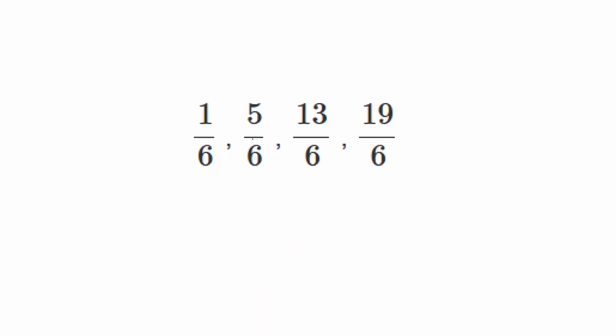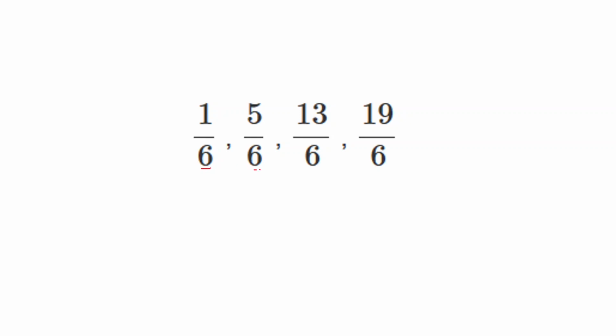Okay, so let's try if you understand the introductory lesson. Let's try if you understand the two types of fraction. So, we have here 1/6, 5/6, 13/6, and 19/6. You noticed, they have the same denominators.